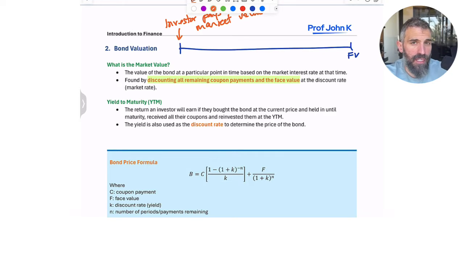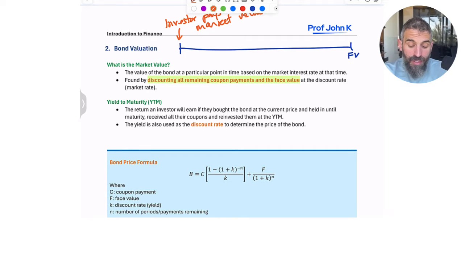And that's logical, right? Think about it. If you were to invest in something that was very risky, you would only do it if you were expecting to make a lot. Otherwise, you wouldn't do it, right? So think of the market interest rate and the yield to maturity as representing the required return on the bond given how risky it is.